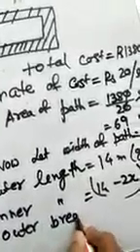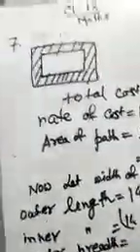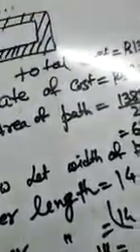Outer breadth. Outer breadth is equal to 12 meter given. Inner breadth. Inner breadth is equal to 12 minus 2x meter given.